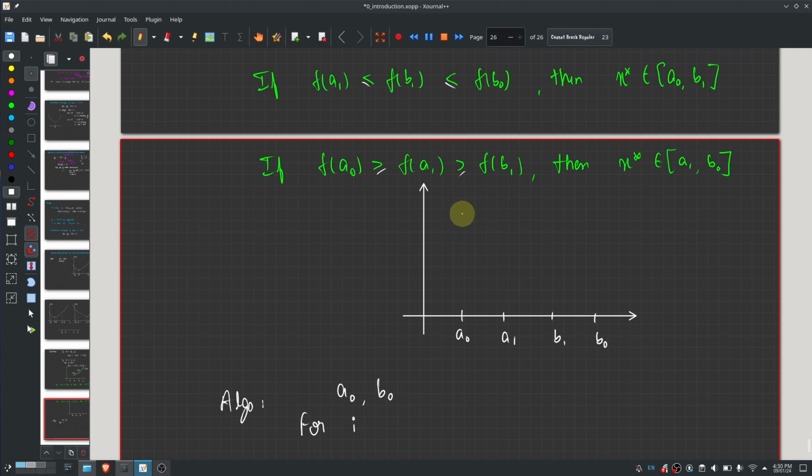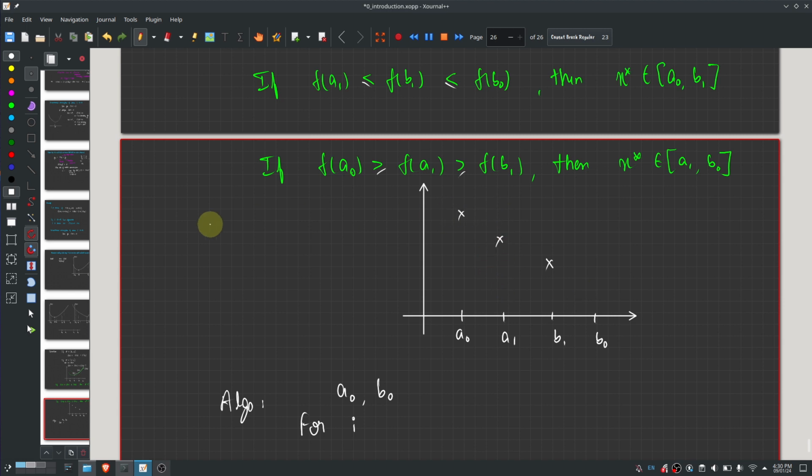I find out that f of A0 is the largest, f of A1 is less than this, and f of B1 is less than this. Now, once again, the minimum can definitely not lie between A0 and A1. Again, by a symmetric argument, the minimum must lie between A1 and B0. That's it.